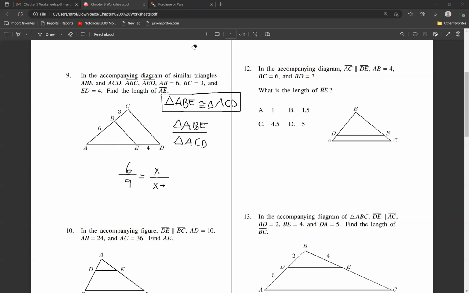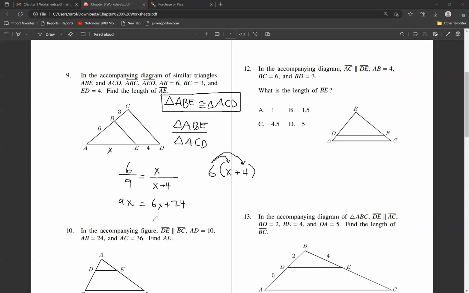How do you solve the algebra? Cross multiply. All right, cross multiply for me. 9x equals what? 6x plus 4. Remember, you have to distribute it, right? So 6x plus what? What's 6 times 4? 24.